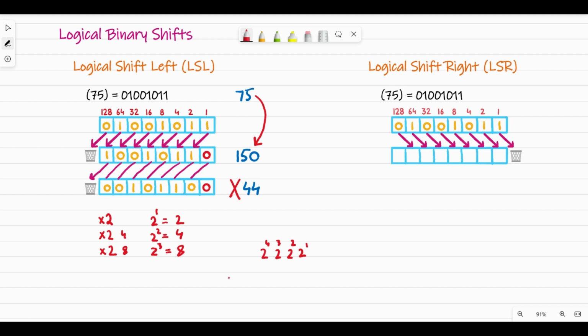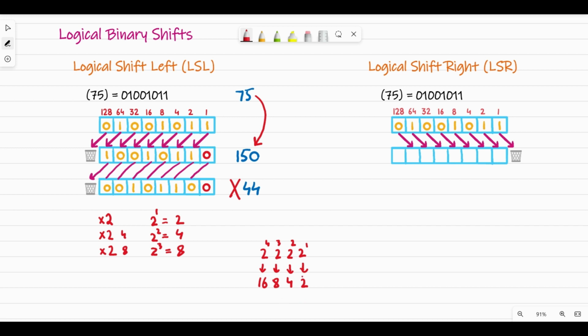In another way, if we multiply, that simplifies to 2, that simplifies to 4, 8, 16.